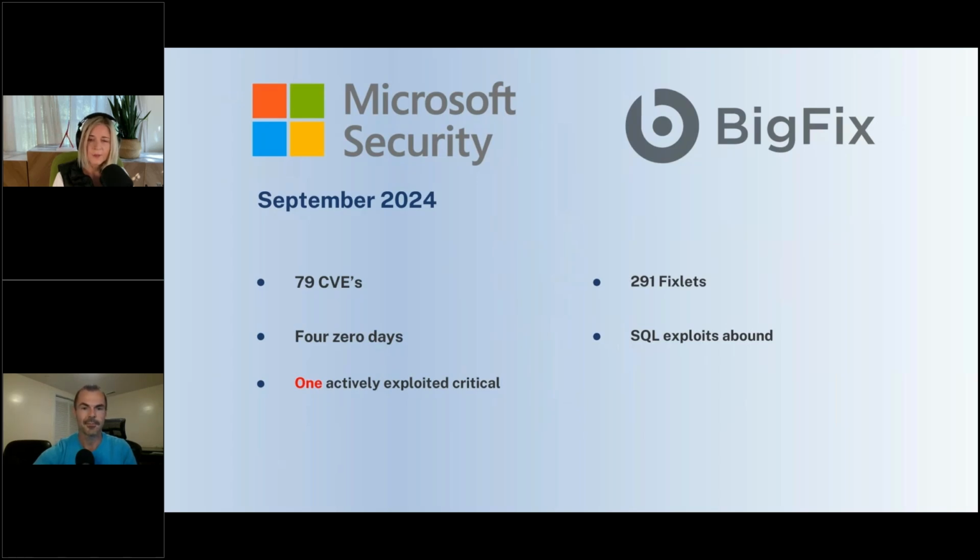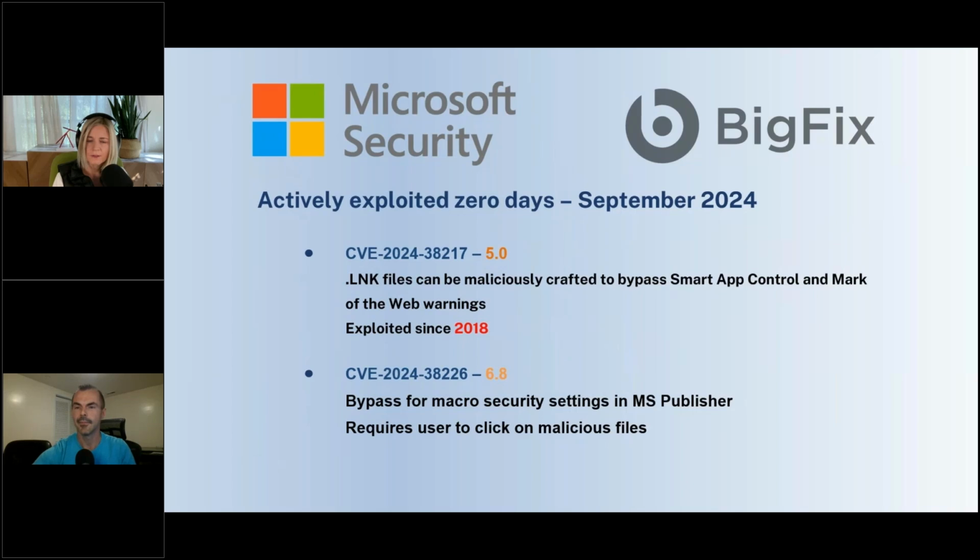Each SQL version has a different CVE number, even though it's the same exploit. Do you want to break down the 0 days? Yeah, so all of the 0 days this month, at least ones that aren't the massive critical, are user phishing style exploits. There has been a link file bypass of app control and mark of the web warnings. It's been exploited since 2018, if that tells you how common these things are.